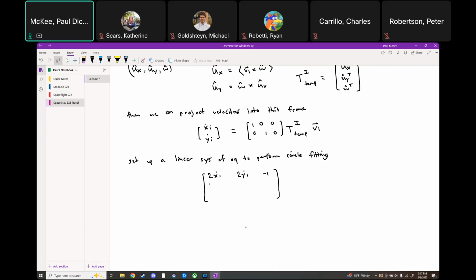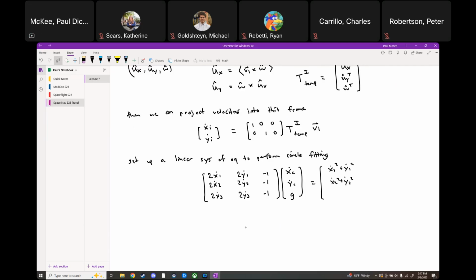And then this is a matrix. So 2x2 dot, 2y2 dot, -1, 2x3 dot, 2y3 dot, -1. And then this is what we're actually solving for. The center of the circle in x and y, and then some parameter g, which we'll figure out what g is later. This is equal to x1 dot squared plus y1 dot squared, x2 dot squared plus y2 dot squared, x3 dot squared plus y3 dot squared.